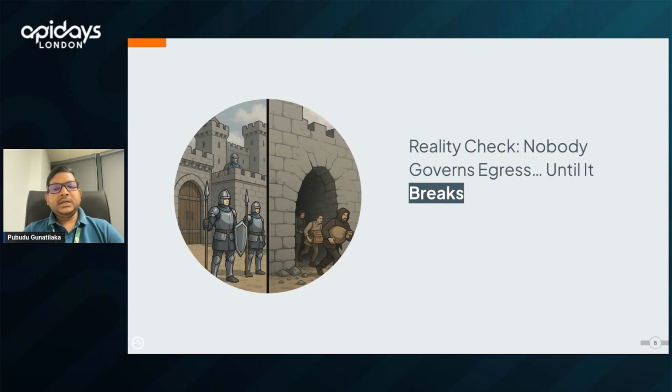Now, if you really look at it, nobody governs egress today. If you compare this to a real world case of a kingdom, you govern and monitor the front door, but if you look at the back door, robbers slip through, which is not guarded right now. So that's the reality.